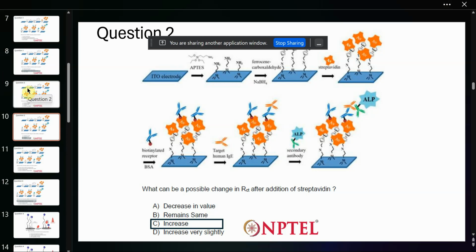See, all the organic compounds are non-conductive. Is that clear? You know about that from the basics, right? All organic compounds are non-conductive in nature, so depending on the weight of the compound, the resistance will increase.